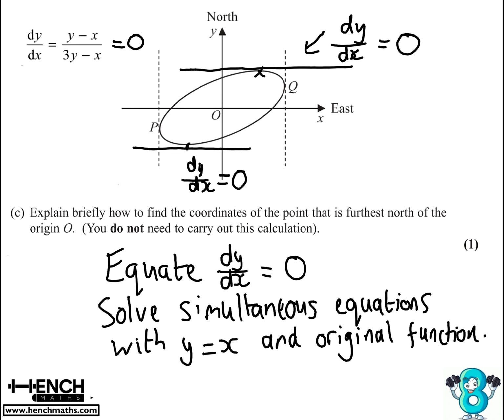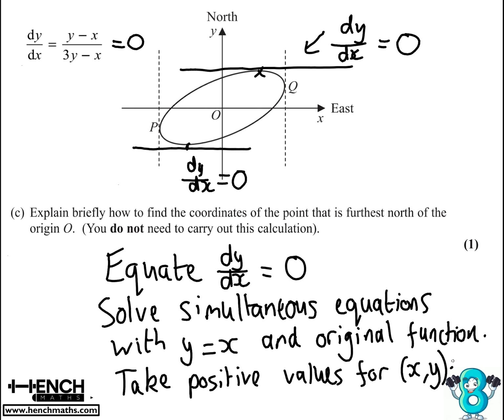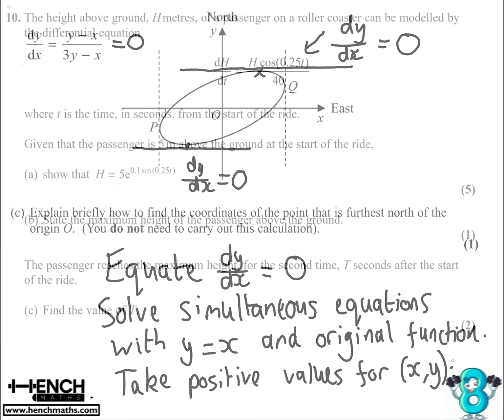Would that be enough? Well, actually, what we would then need to do is make sure, because there are 2 possible solutions, that we take the positive solutions for x and y. So that's 10 marks banked for question 9.